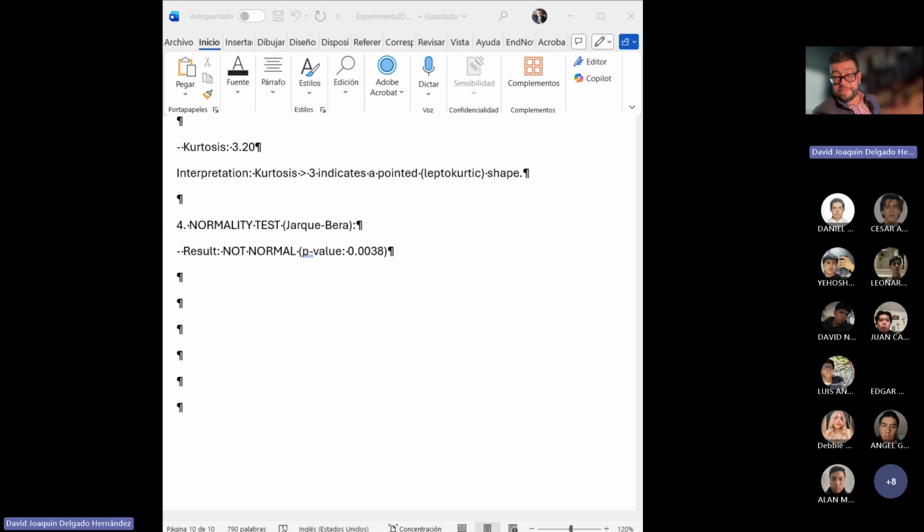Okay, so we are going to explain the interpretations of these variables. So that will be here in number 5, which is statistical parameters.